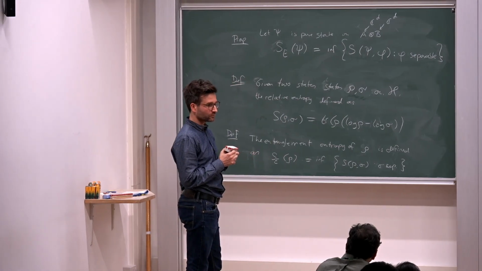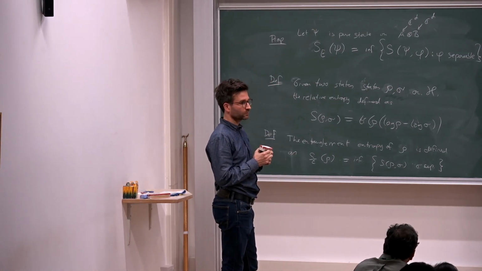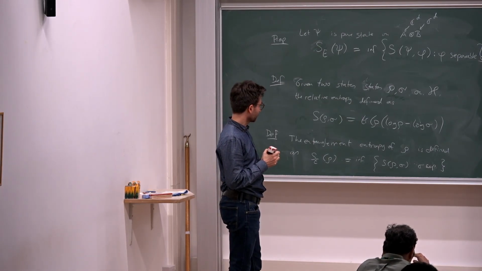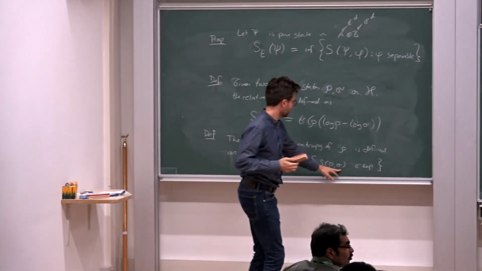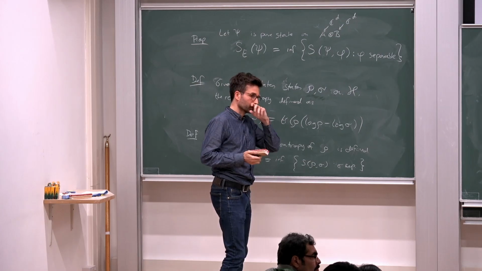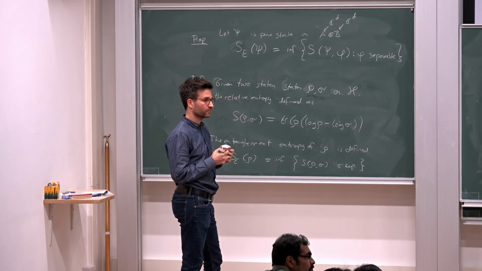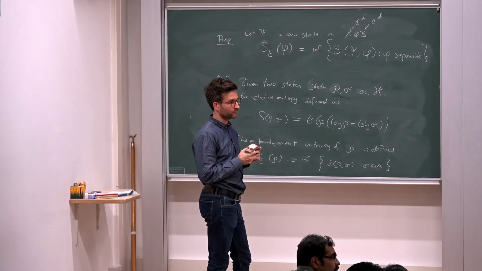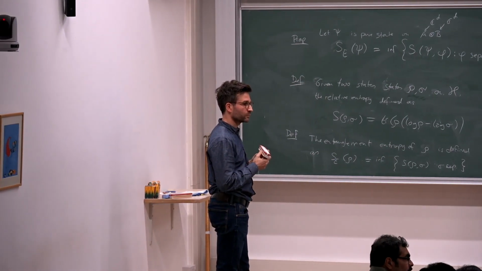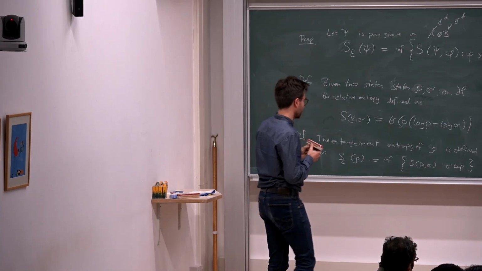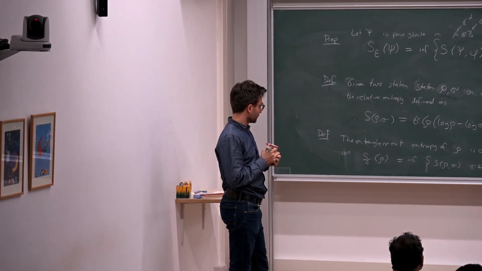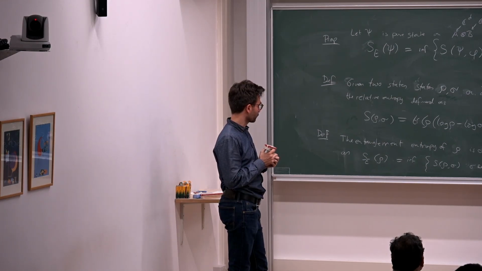I guess attainability is one question, but also, if sigma is pure, then sigma being separable is equivalent to sigma being a product state. And I'm asking, would this definition change if I restrict it to pure sigma?